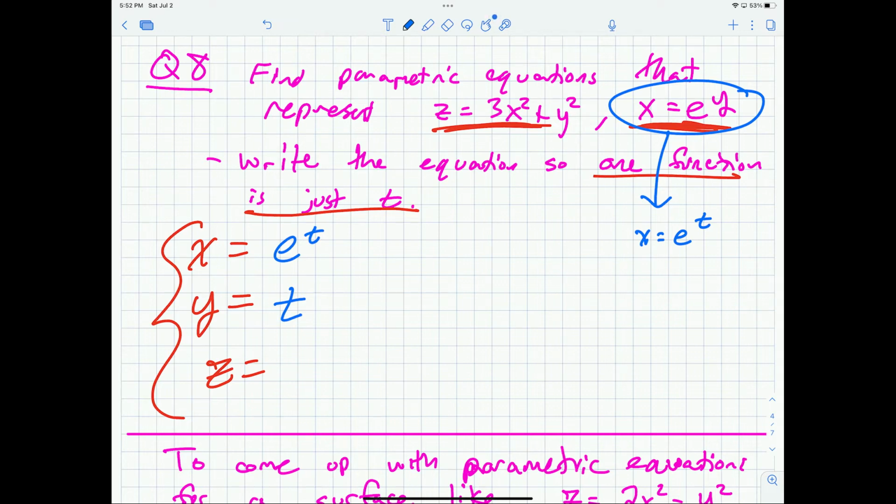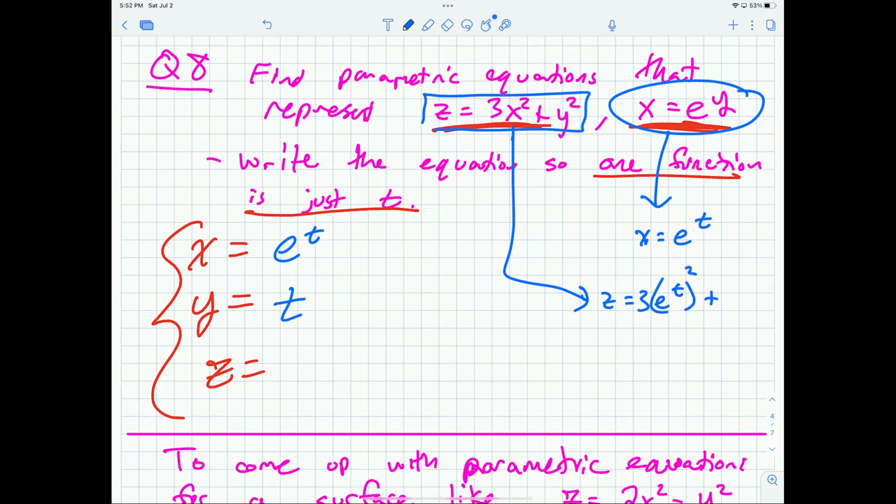So now that you've got x and y, you should be able to go to this equation and say, well, z is going to be 3x squared, x is e to the t, so e to the t squared plus y squared, but y is t, and there you go. So 3e to the, that'll just be 2t, right? Plus t squared.